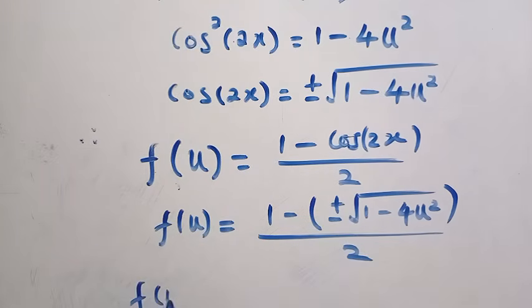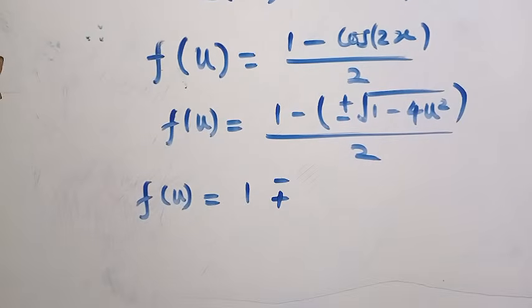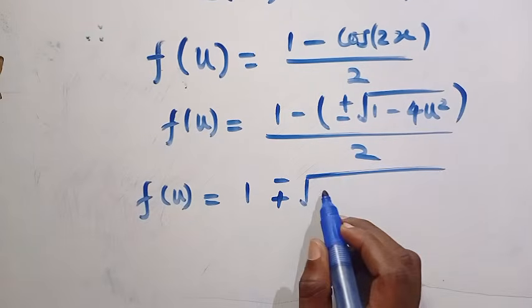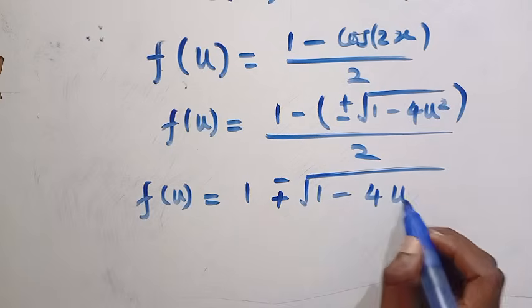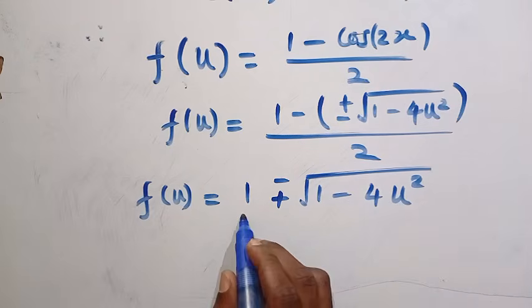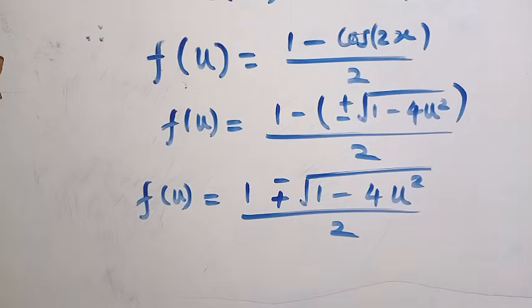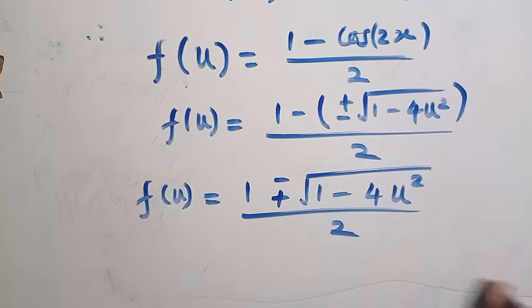So here f of u equals 1 minus times plus, that is minus, then minus times minus gives us plus. We have 1 plus or minus the square root of 1 minus 4u squared, divided by 2. And can we consider this a final solution?